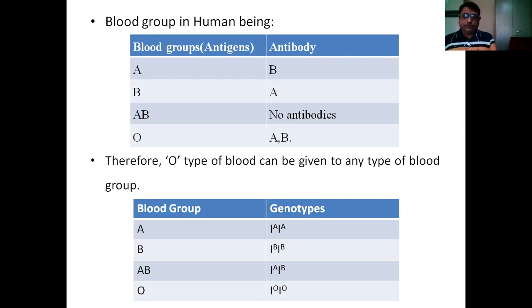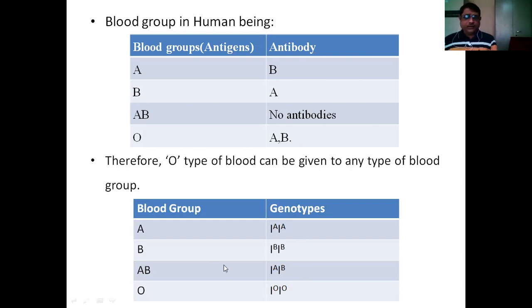While O blood group is a blood group which cannot receive blood from any other blood group, but it can donate blood to any of the other individuals. So O blood group can be given to any individual.